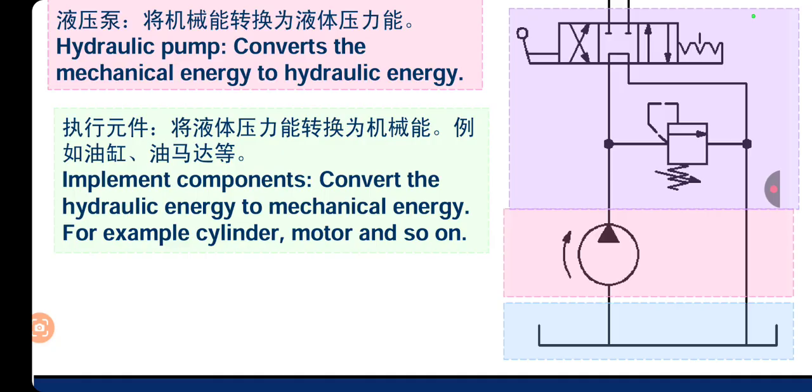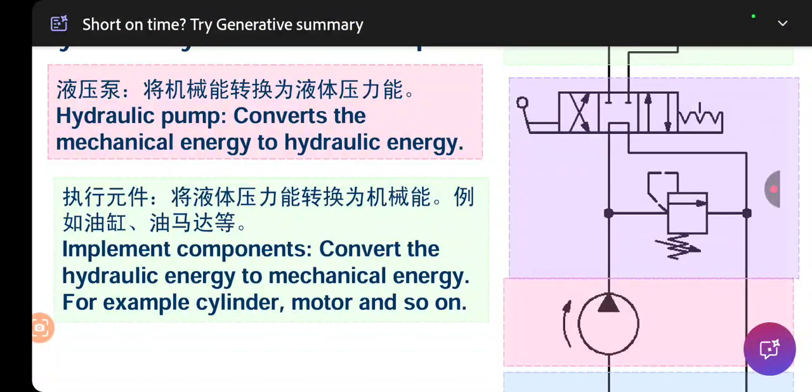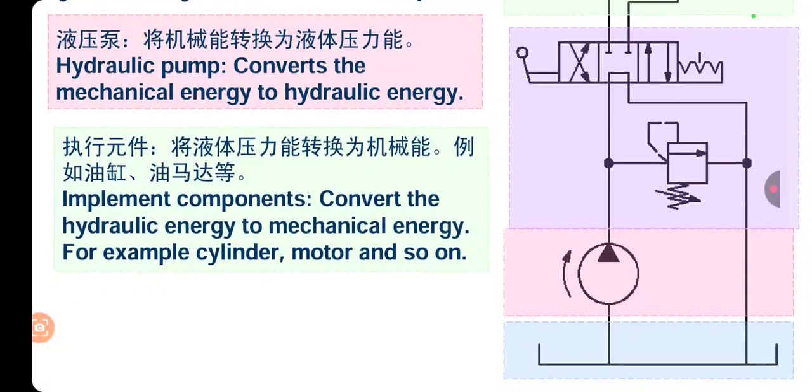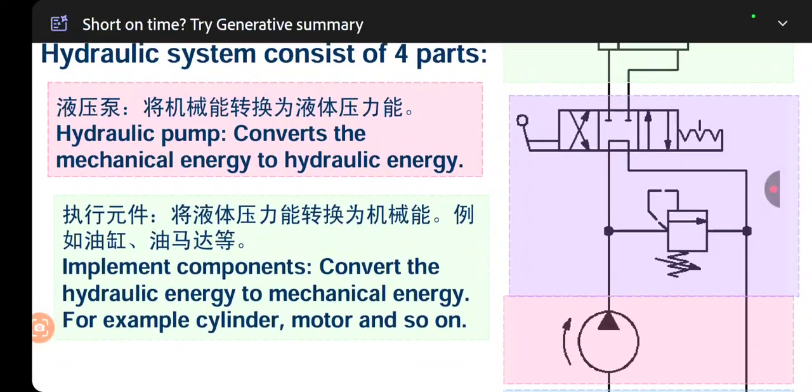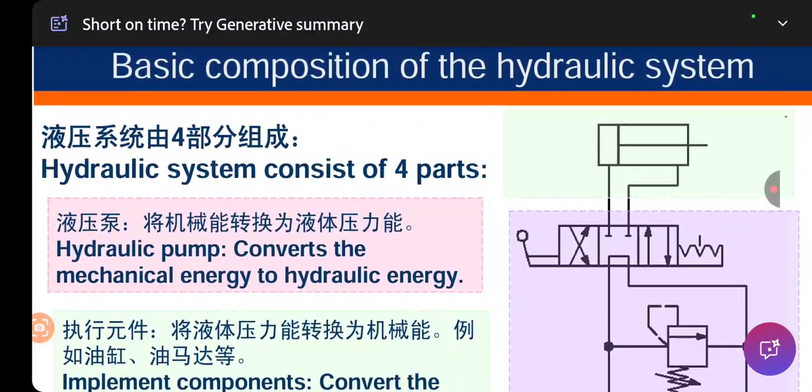Okay, the prime mover always drives the pump, either fixed or variable displacement, because if the engine is running, it means the pump is always running. So the pump gets driven from the engine, and it takes the oil from the reservoir and always sends the oil towards the control valve.